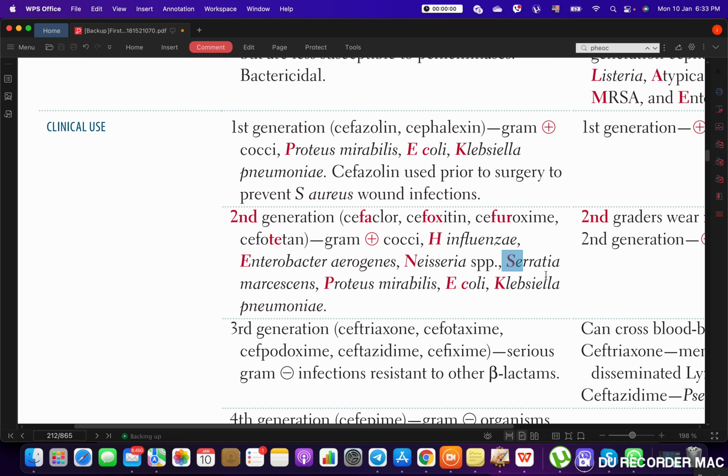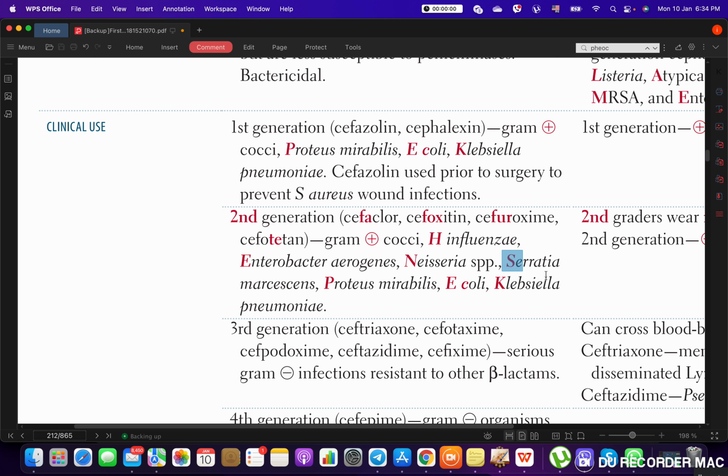Guys, for Serratia, we said which patient has a high susceptibility, which patient tends to get Serratia much more often? Dirty ones. No, I said that because you find it in dirty bathrooms, but no, not these ones. Actually, the people who have which primary immunodeficiency?